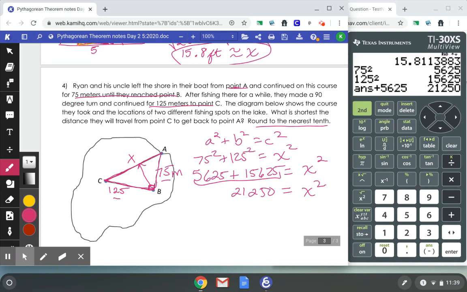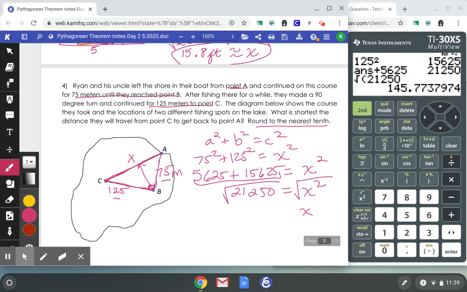So to get rid of that squared, I'm going to take the square root of both sides. So I end up with x, and it says round to the nearest tenth. So I put that in my calculator. The nearest tenth means that this is going to bump up to 145.8 meters, which is approximately the distance from A to C.